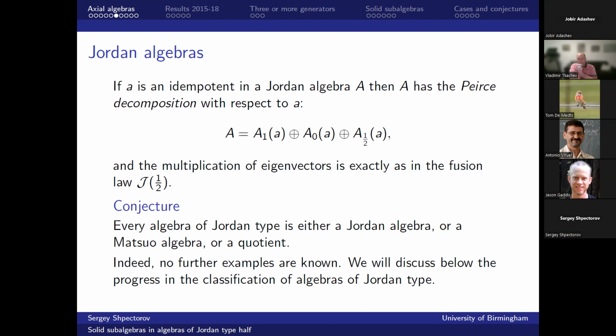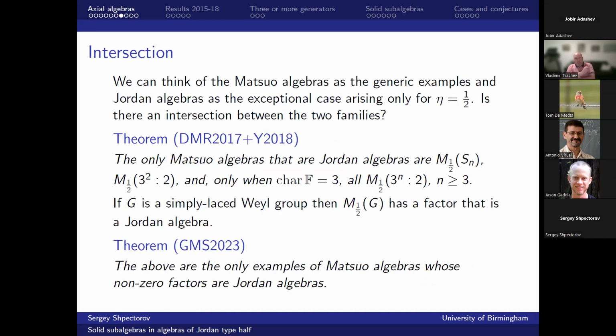Okay, so I'd like to talk about what's known about the classification of algebras of Jordan type. Right, well, first of all, these two families are not entirely disjoint. In fact, they actually have an intersection. So some Matsuo algebras for eta equal to 1/2 are in fact Jordan.